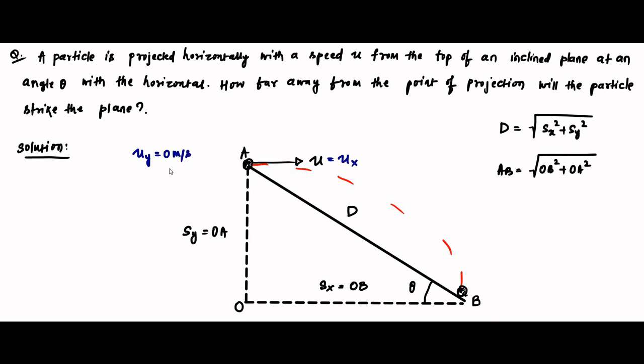Next, acceleration due to gravity is acting downwards, supporting the downward motion. So ay is equal to plus g, which is equal to 9.8 meter per second square, but here the numerical value is not required, so we'll simply keep it as plus g.